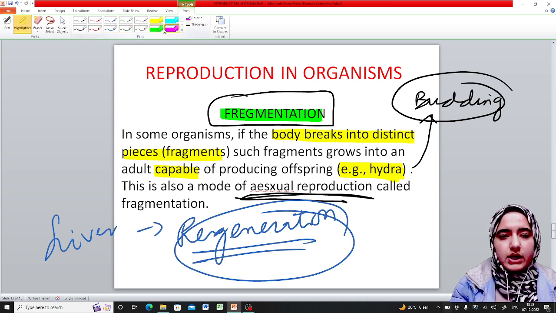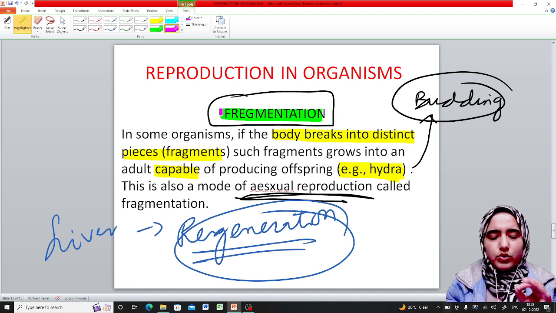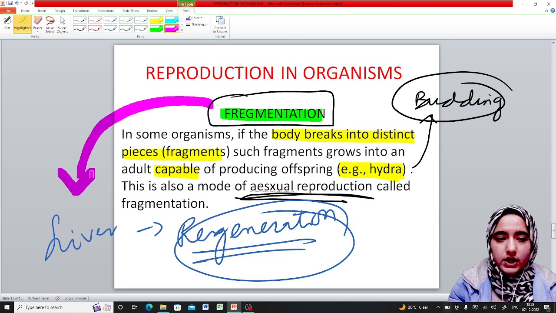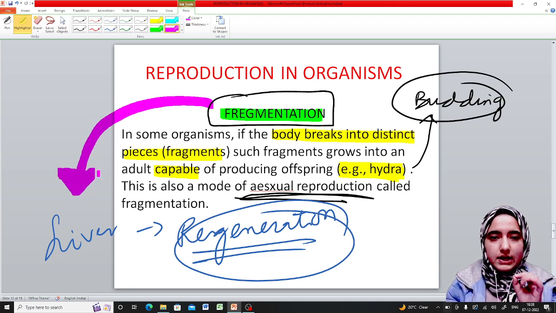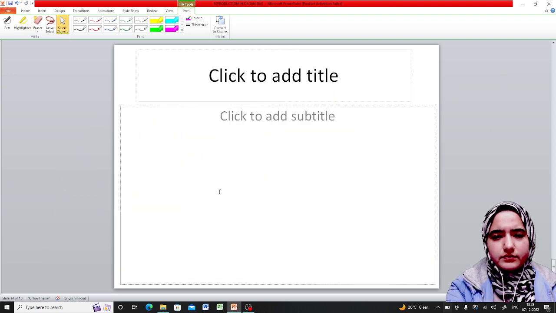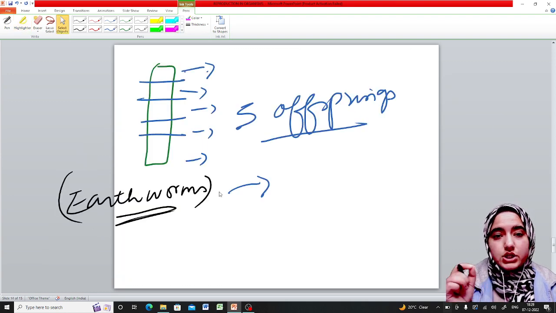So we can say fragmentation occurs in the human liver, because the liver has the property of regeneration. Is this clear? I hope this concept of this part of reproduction in organisms is clear.